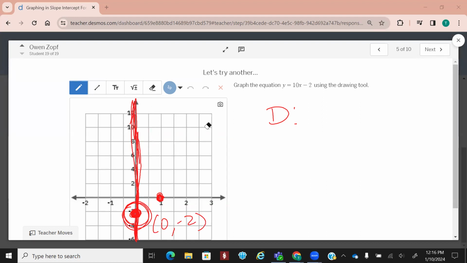What is this location right here? Not 0, 10. 1, 10, right? So this point right here is 1, 10.